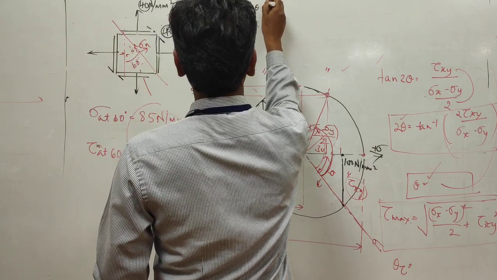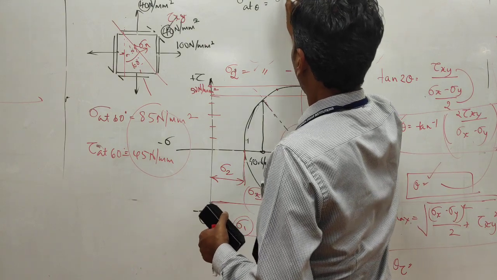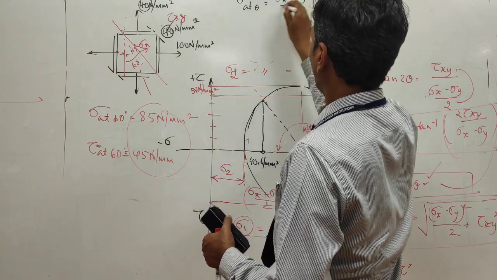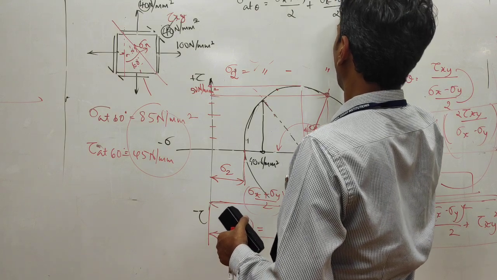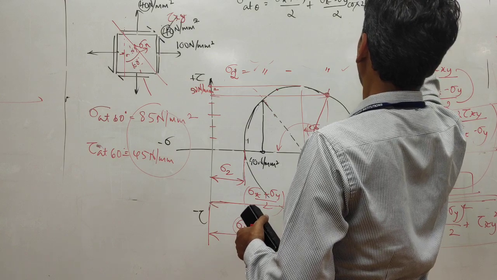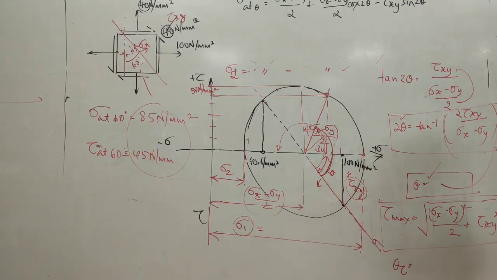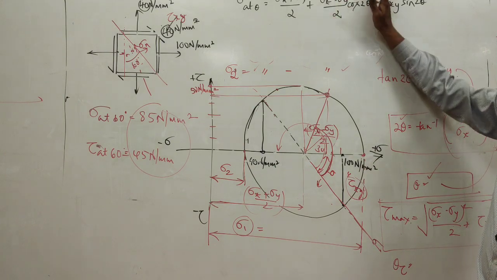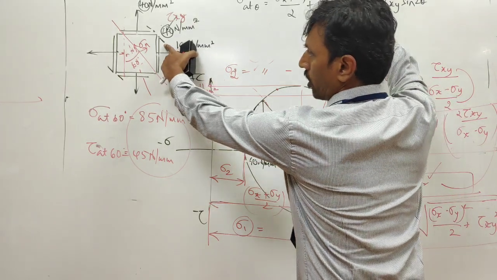Sigma at any angle theta is equal to sigma x plus sigma y by 2, plus sigma x minus sigma y by 2 cos 2 theta, plus tau xy sin 2 theta. Guys, earlier you had only used this part of the equation because it did not have the shear stress.